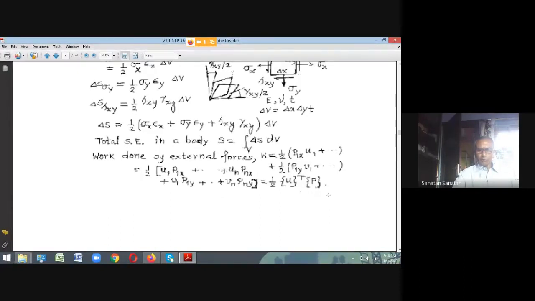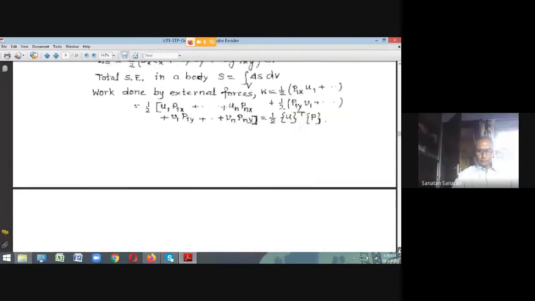So in matrix form, half u transpose p. That's how we can write it in short form using matrices. Therefore, the strain energy is the integration of delta S over volume, and the work done by the external forces W is half u transpose p. So this is the work done by external forces.